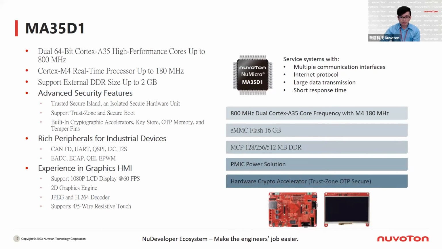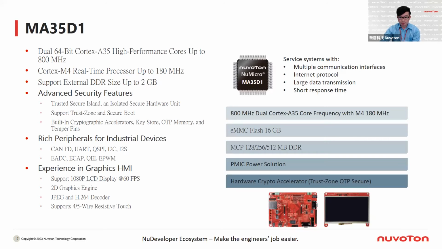The MA35D1 is an MPU featuring dual-core A35 processors. Like the M460, it doesn't have a separate NPU for acceleration. Additionally, it includes an M4 core that can run real-time programs at 180 MHz.